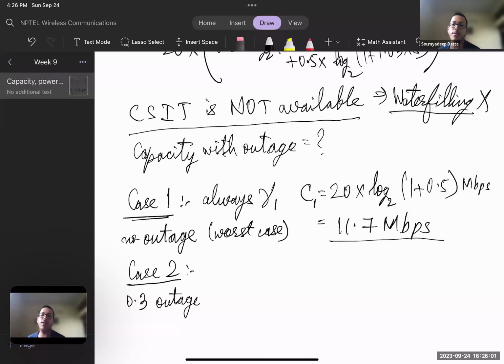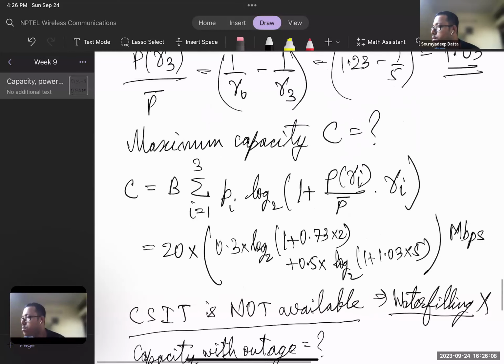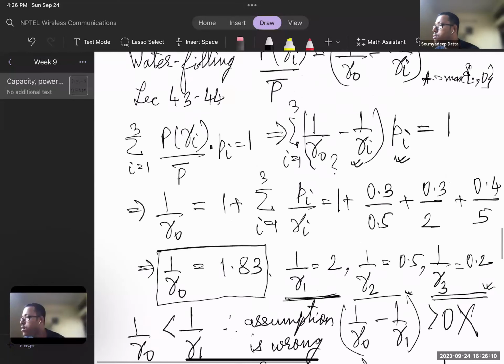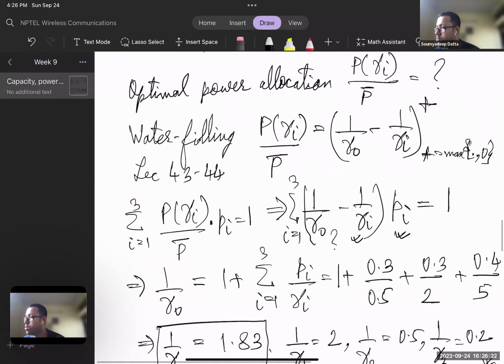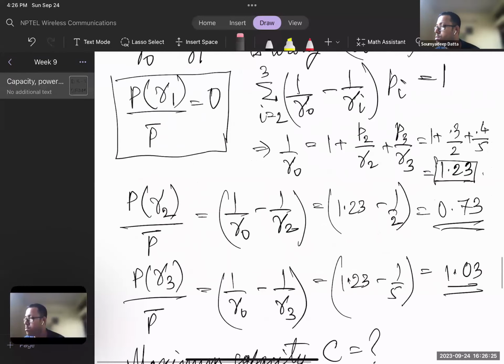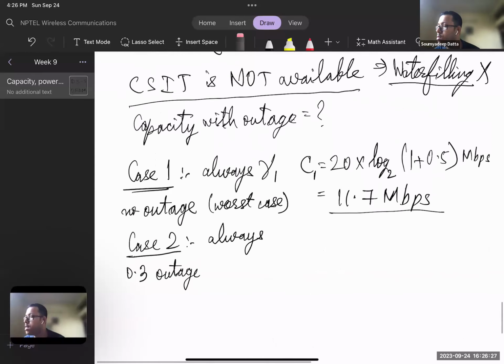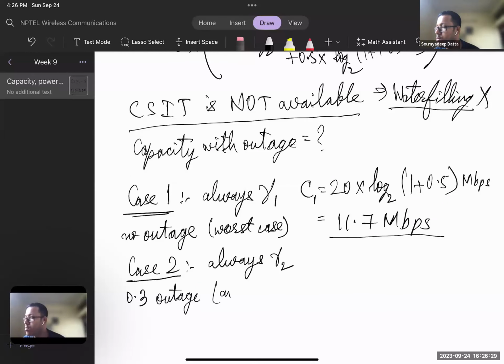So we'll only be able to serve the user when it is either in gamma 2 or gamma 3. So here you can see that you will only serve the user when it is in the second and third state, and gamma 2 is the lower one. So let us assume in this case, like the average case maybe, that the channel is always gamma 2, right? So when it is not in outage, it is always gamma 2, right? Average case. So what will be the capacity in this case?